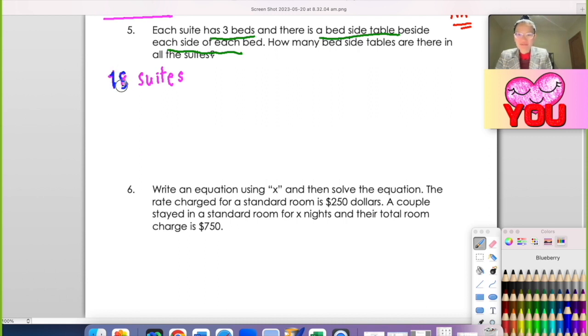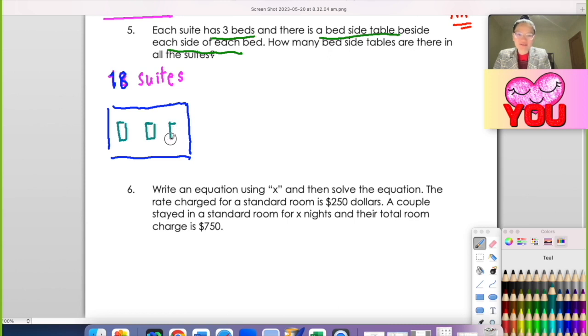And you have to imagine it's like this. This one is the room, and in each room you have 3 beds. For example, this one is bed 1, 2, 3.